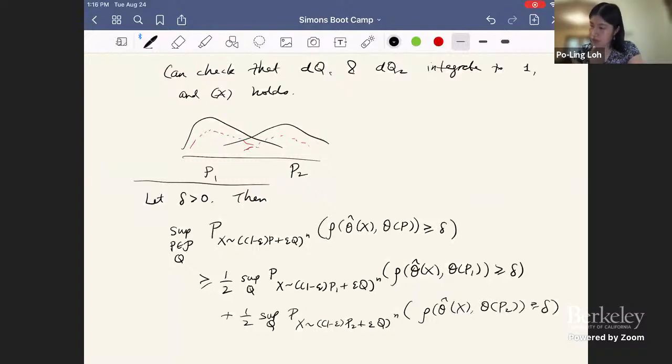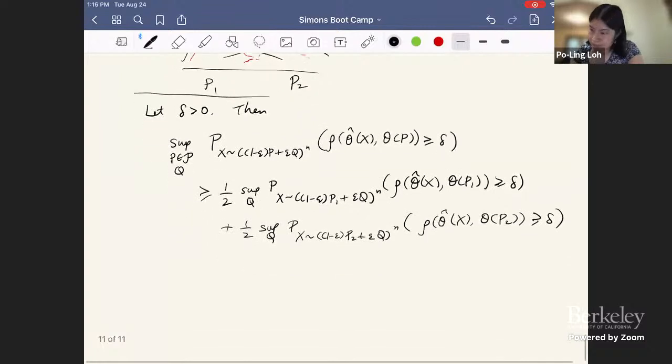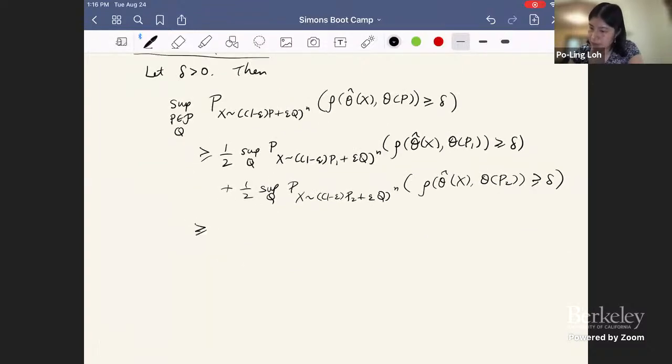Okay, so we've used this trick where, of course, the sup is bigger than or equal to the average of any of the points that lie in the set. And in particular, we know that a particular instantiation of a contamination distribution is what we call P prime, that common distribution that lay in both sets.